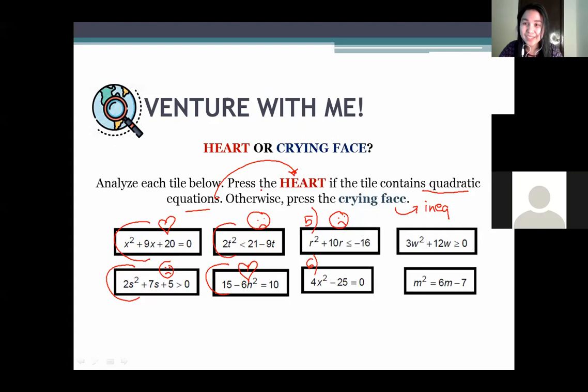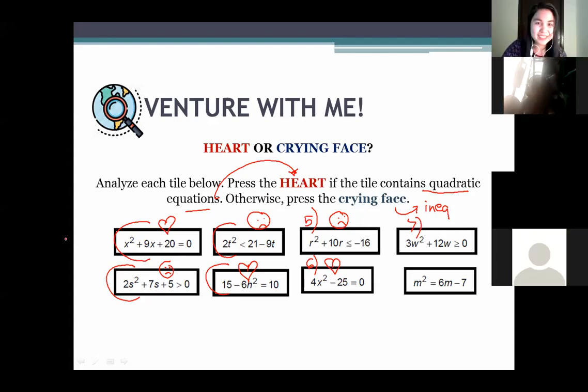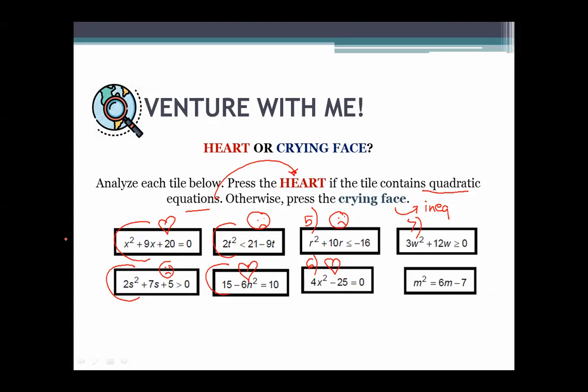Heart or crying face? Very good. It's a heart. Next, number 7, 3w squared plus 12w is greater than or equal to 0. Very good. It is a crying face.